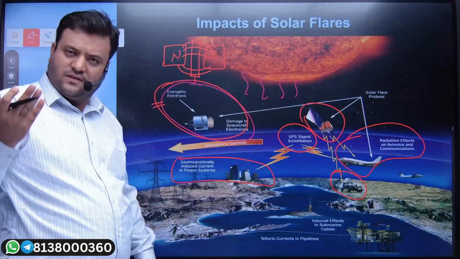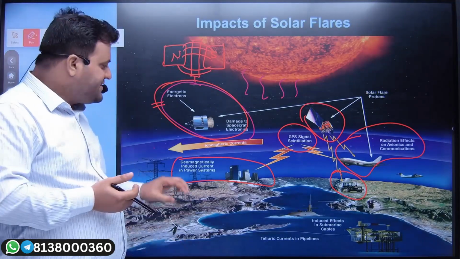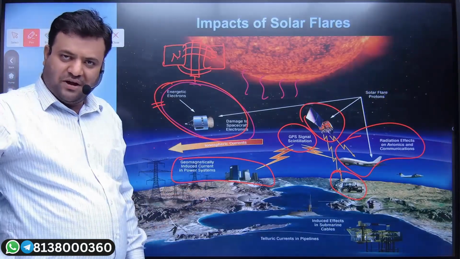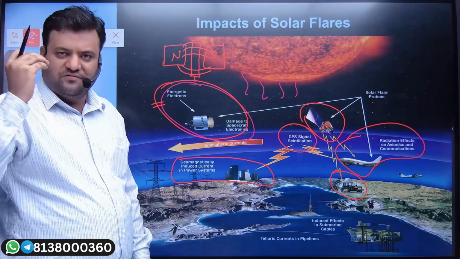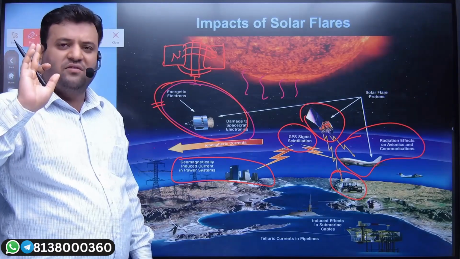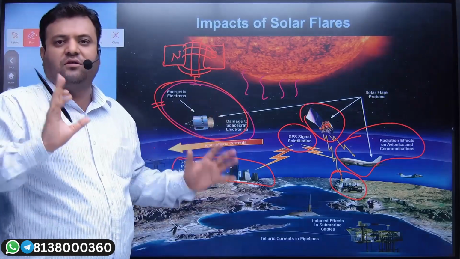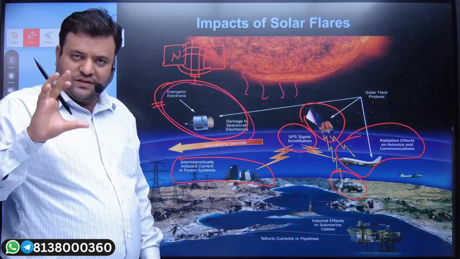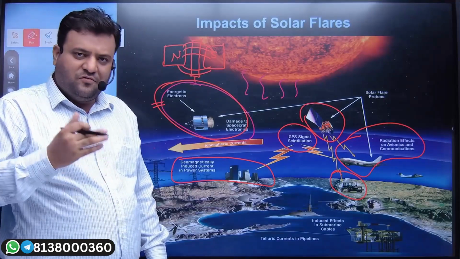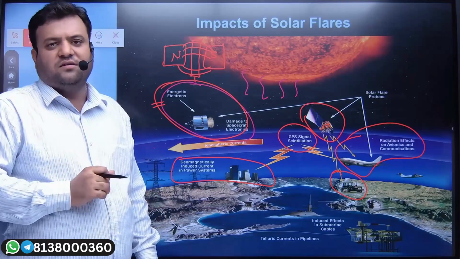The solar flare is electromagnetic radiation. So when we have the same electromagnetic radiation here on our Earth's surface, the metallic objects, whether it is railway tracks, power lines, pipelines, or large aircraft or ships, as a result of these reverse electromagnetic fields, there will be some sort of effect on functioning.